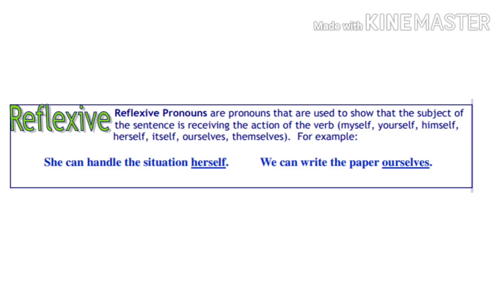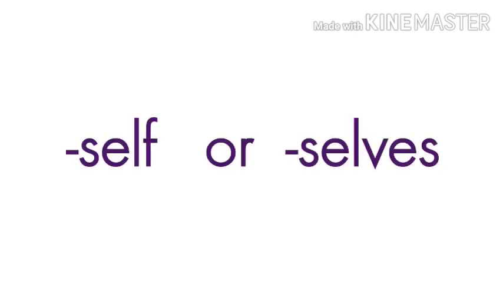A simple identification is that at the end of the pronoun, self or selves will be added, like myself, yourself, himself, herself, itself. And if it is a plural pronoun like we or they, then ourselves and themselves.